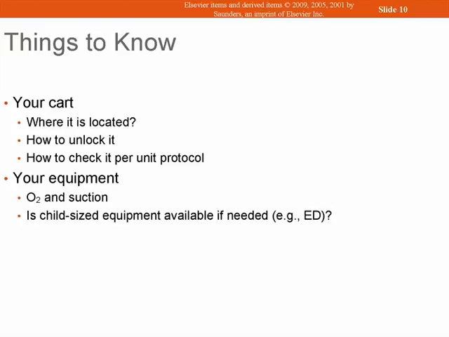Typically, it is once per shift that it is checked for expiration dates for medications and equipment, and the defibrillator is confirmed that it is functioning properly. The other equipment that you need to make sure is available: oxygen, suction, and like if you're in the ED, do you have the appropriate child-sized equipment? And typically they have a pediatric code cart completely separate from an adult code cart.